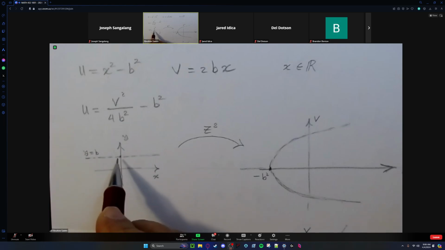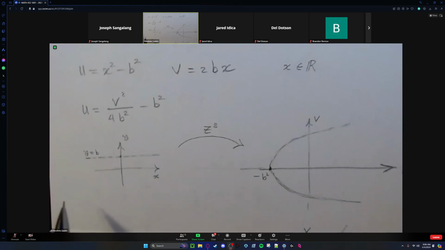So this point right here, the point b e to the pi over 2 i. When you square it, it becomes b squared e to the i pi.